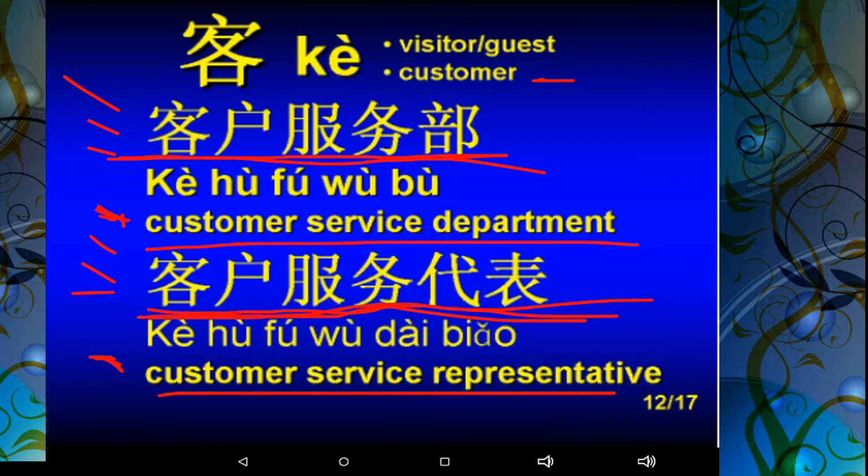All right, very good. Now, I want you to look at something that I used. I want you to look at this particular character, the ke character, and the wu character.